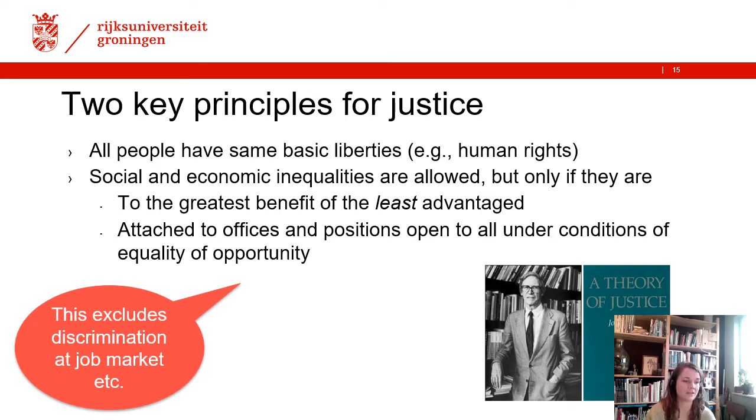So you cannot be discriminated based on your characteristics because you should be able to have an equal opportunity to become a certain person or to get a certain job. Yeah, so these are the two key principles: same basic liberties, and then the second one, inequalities are allowed based on two conditions. Let me give you a case example, and then we will conclude today's lecture.